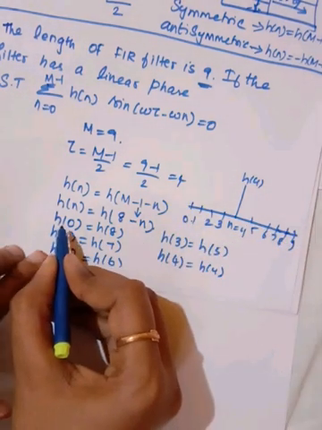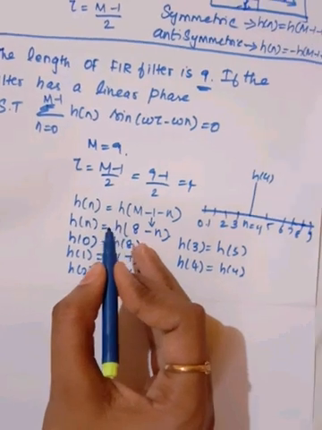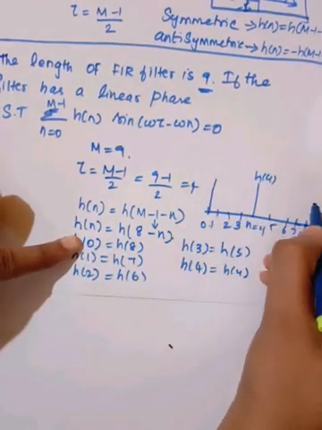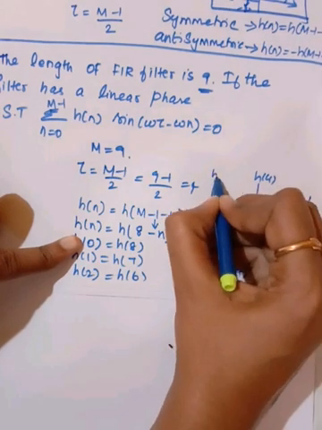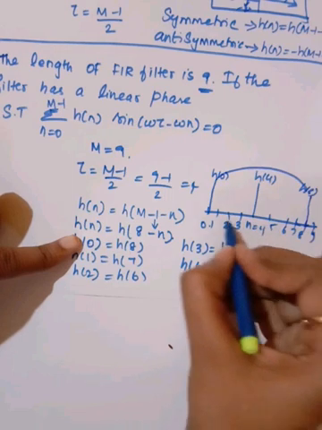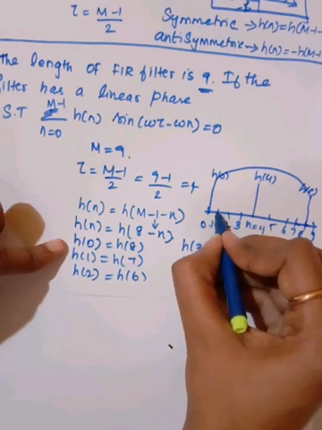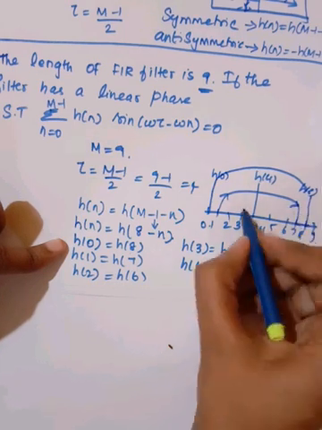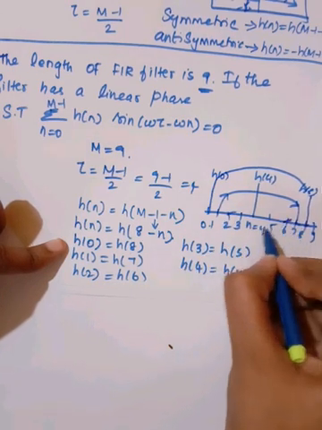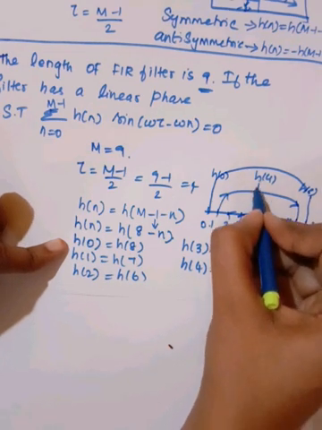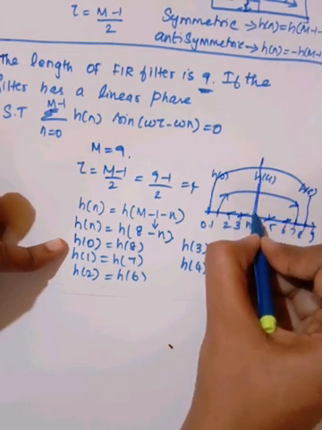What is the significance of this? Here h of 0 and h of 8 values are the same. Similarly, h of 1 and h of 7 will have similar values, h of 2 and h of 6 have similar values, and h of 3 and h of 5 have similar values. h of 4 is the center coefficient.